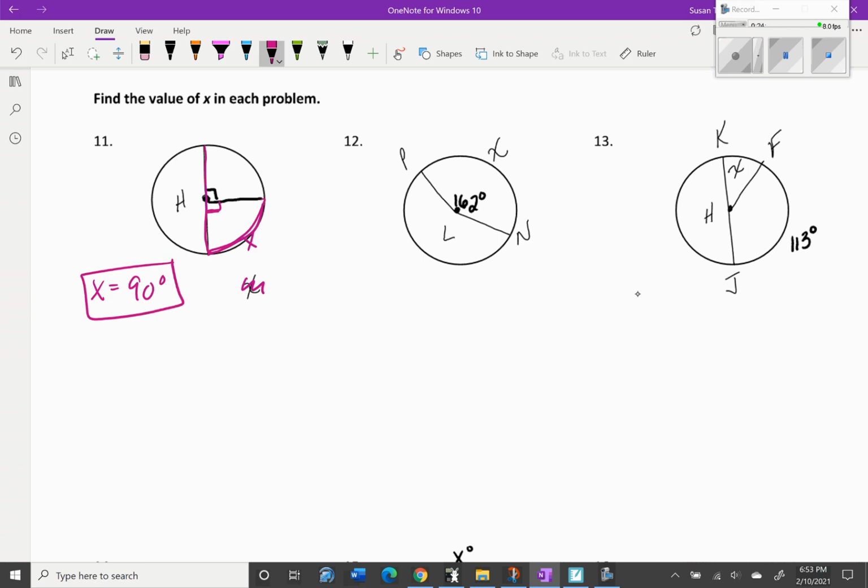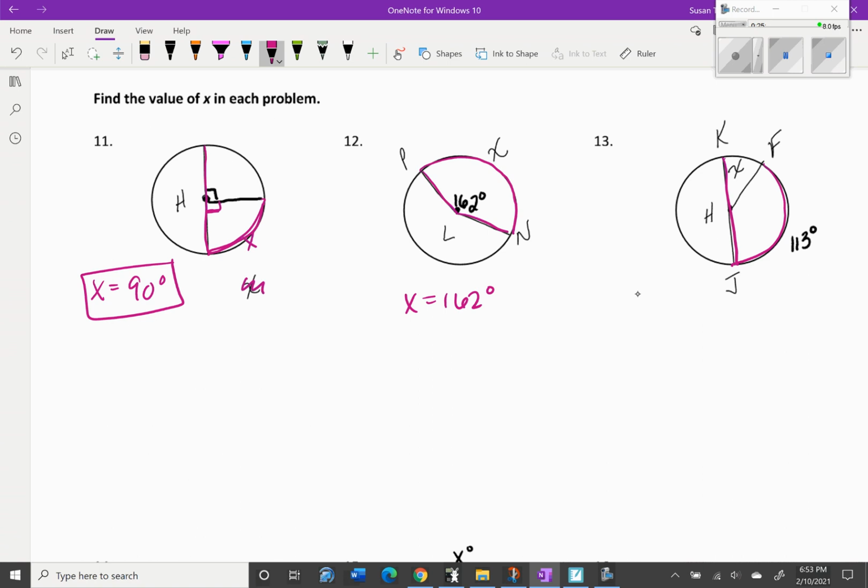For this one, if we're finding x, that means we're looking for this measure here. So again, x would be equal to 162 degrees because the arc is the same as the central angle measure. Here, if this is 113 degrees, and we see that H is the center, that means KJ, the chord that goes through H, is the diameter.